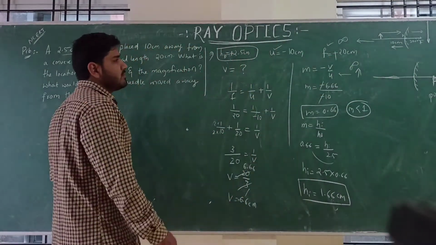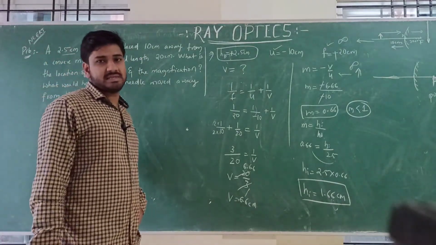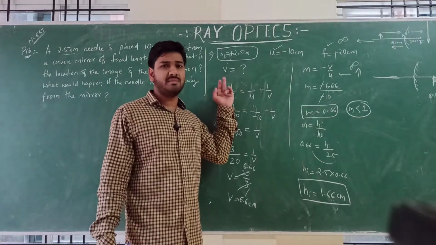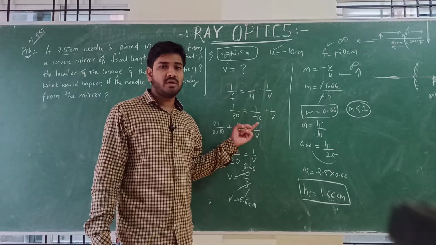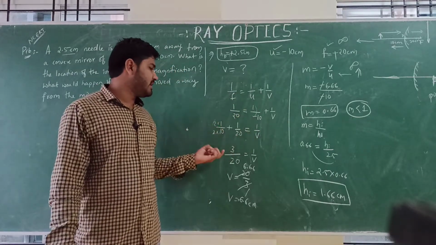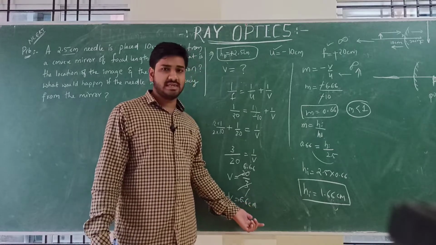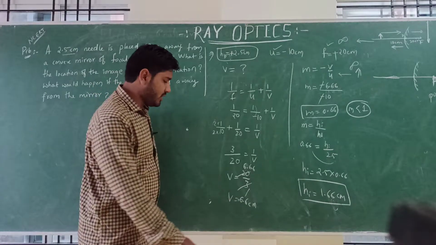Okay, we know u, we know f, we have to calculate the v. v means image distance. So we are going to calculate the image distance. Now what we will do? 1 by f is equal to 1 by u plus 1 by v. Just substitute the values. Finally you will get image distance as 6.6 centimeter. Just check whether it is positive or negative.